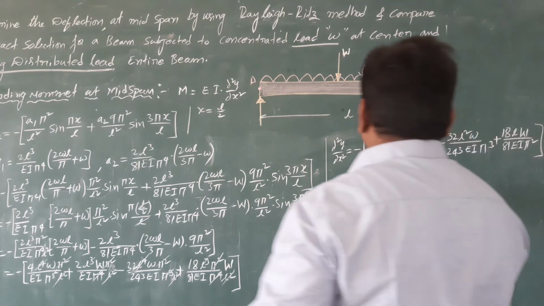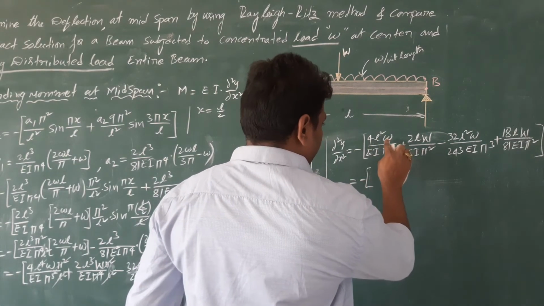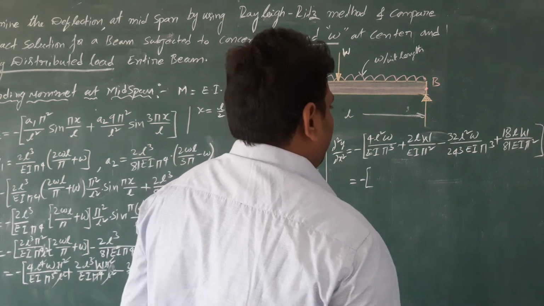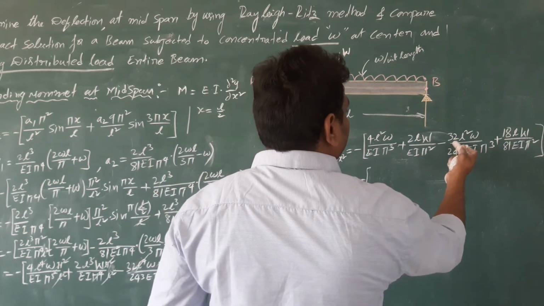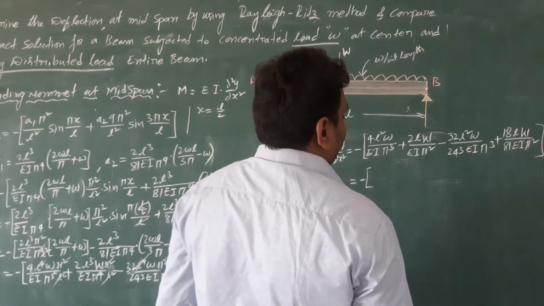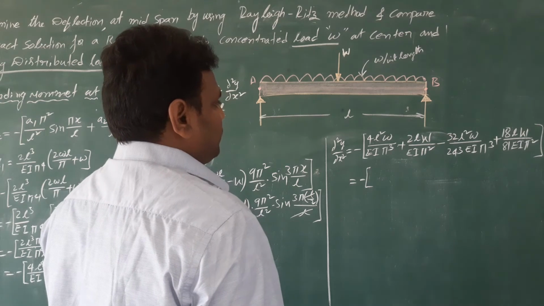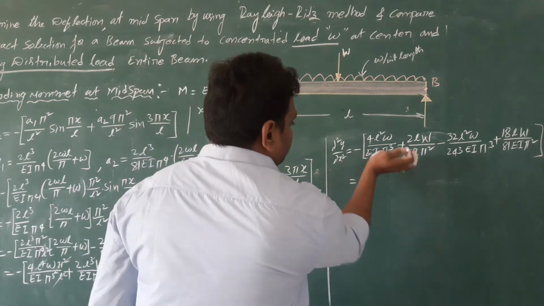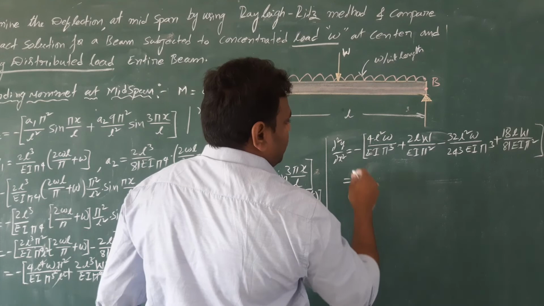Now simplify this equation: minus of 4L square W by EI pi cube and here 32 L square W by 243 EI. I am sending this minus to the entire equation, then I will do that.